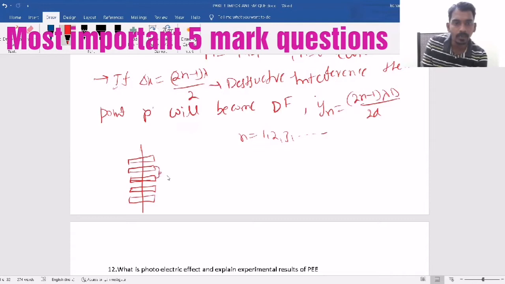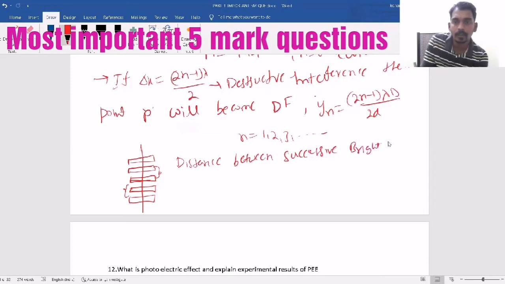Now when you consider this one, the distance between successive bright or dark fringes is called fringe width.